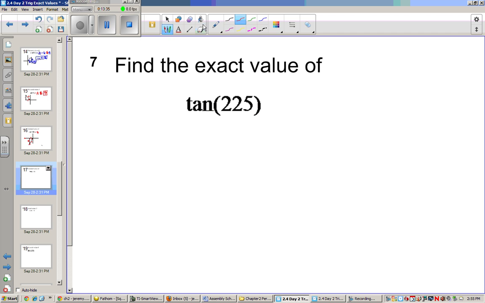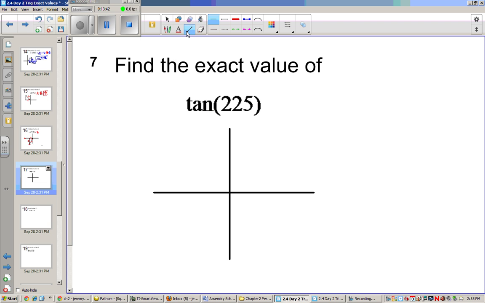Let's try tangent of 225. Pause the video, see if you can do this one on your own. 225, again 90, 180, 270, 225 is going to be right here. If I did the tangent, we know this is 45 degrees, so this will be 1, 1, root 2.